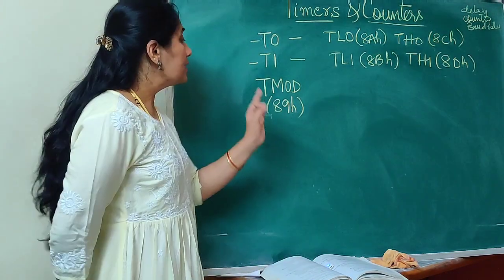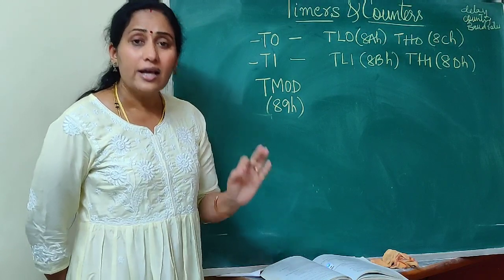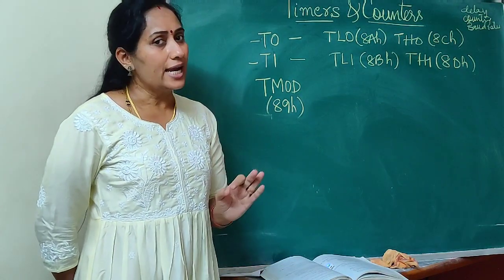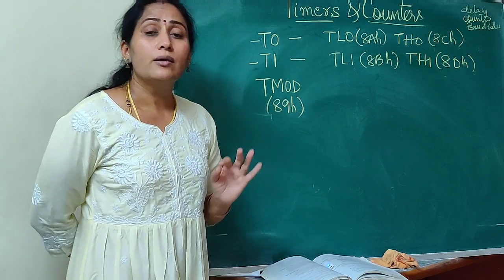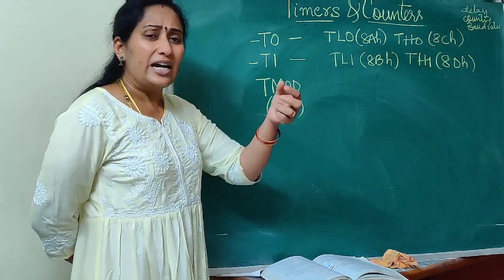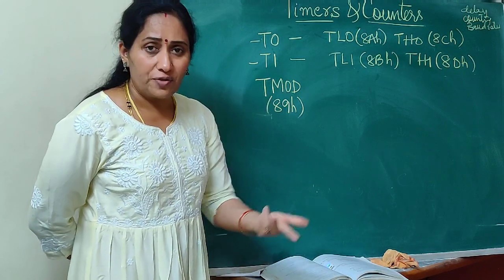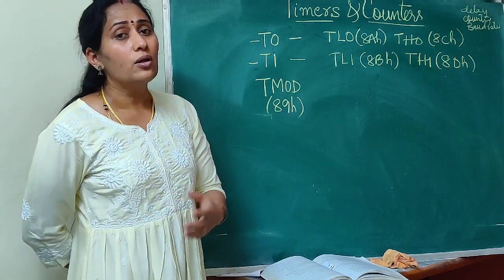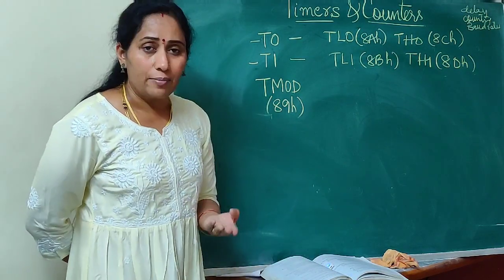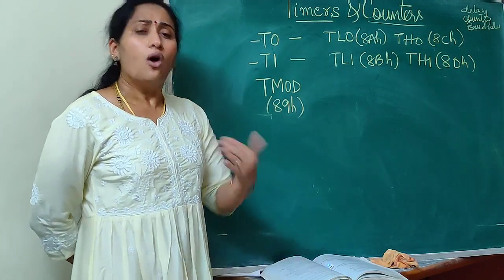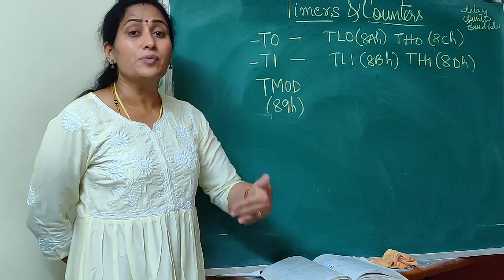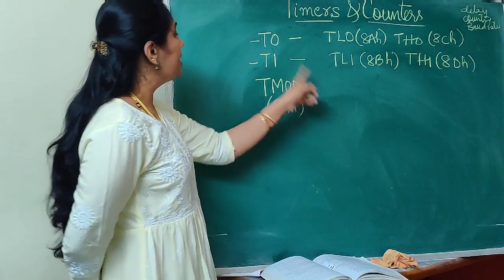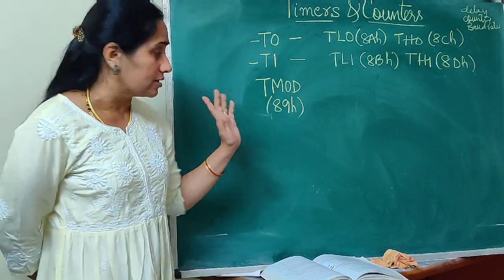Have in mind, this TMOD register is going to help me in selecting the mode of operation, whether it is going to be the software control or the hardware control, whether I want to select the timer operation or the counter operation, or what kind of timer counter operation, which particular mode you want to select, that is going to be present in TMOD register.